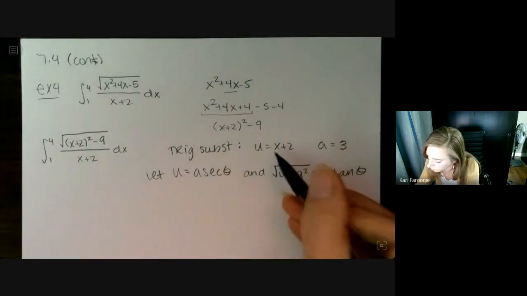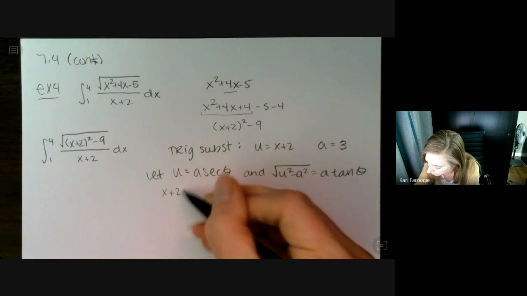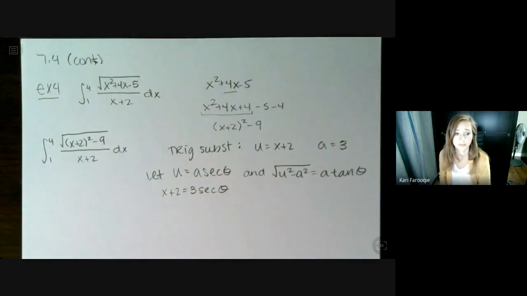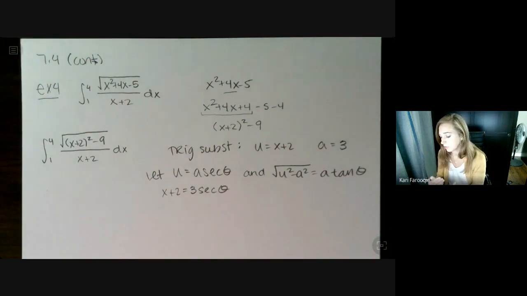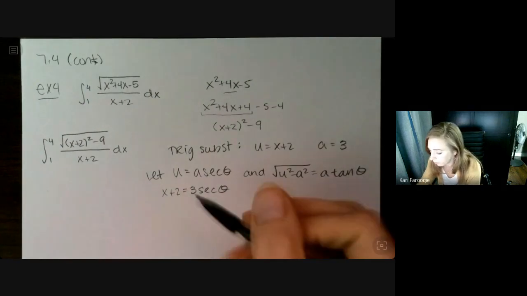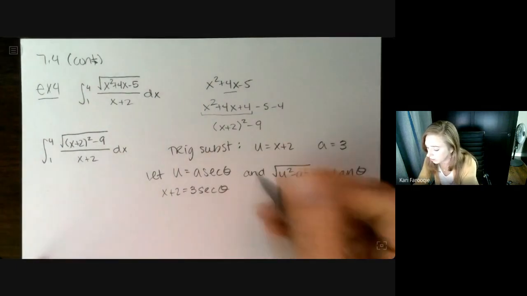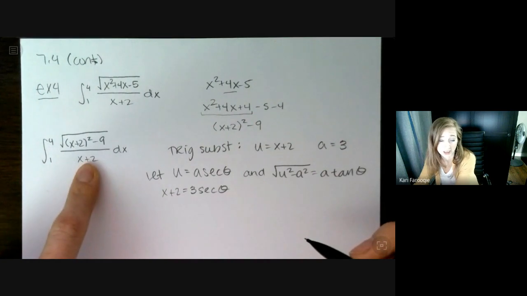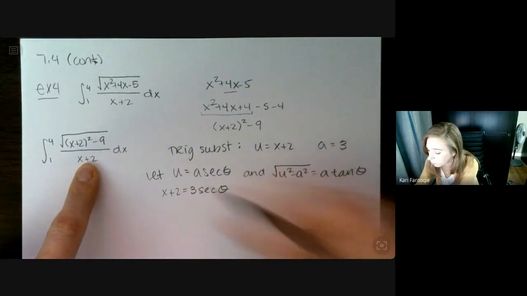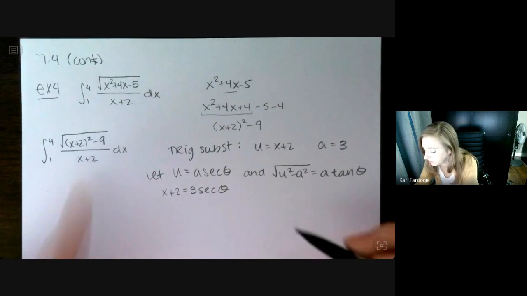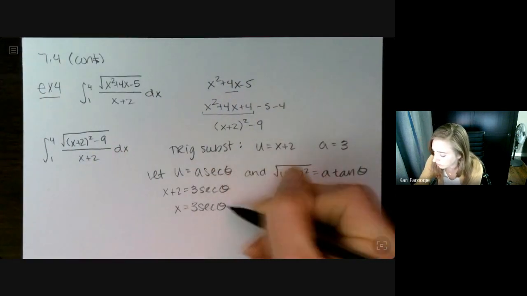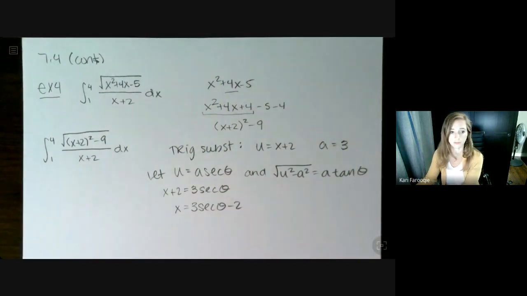So we have x plus 2 as 3 secant theta. And remember, whenever you're looking at x, you also want to find a dx. So right now you have an x plus 2. We're going to substitute that directly in. So we don't actually have to have just x in this case, but we do need just x for our dx. So we'll have x is 3 secant theta minus 2.